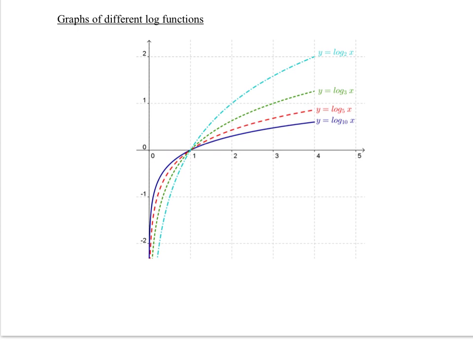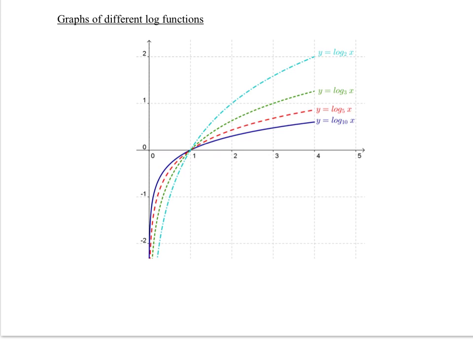Now at the bottom of page 2 there's a series of graphs of different log functions. One of those you have seen before, this log base 10 of x, this blue one here.